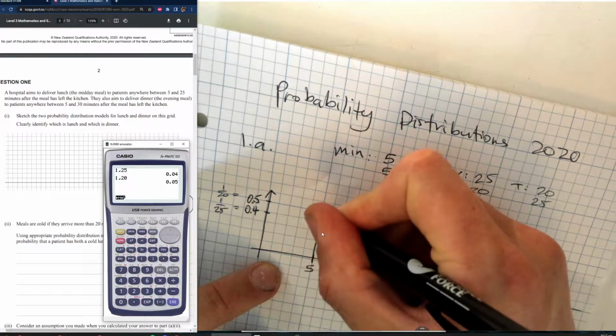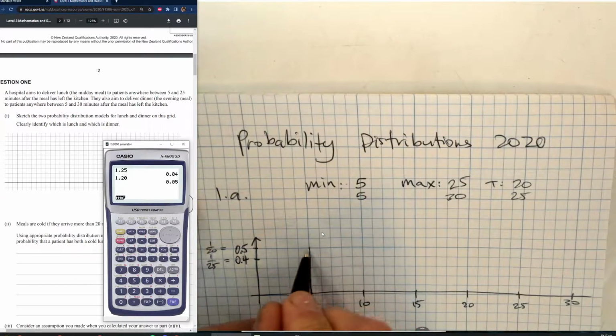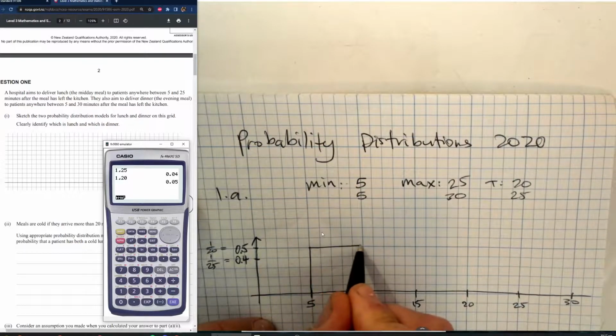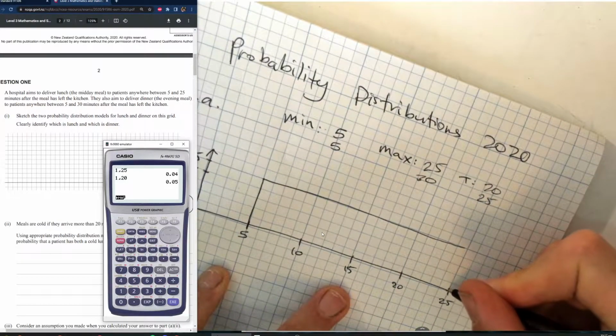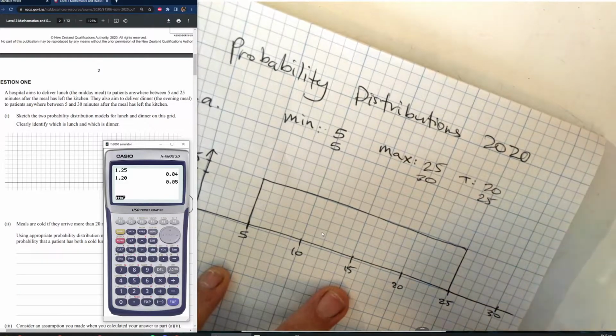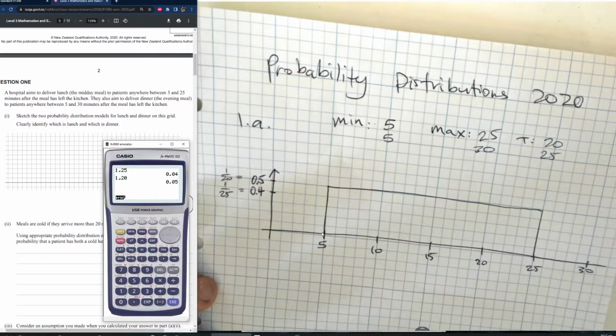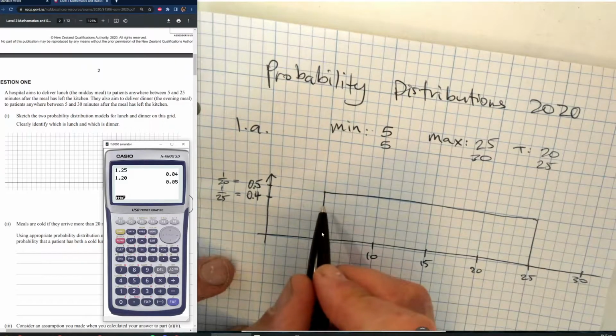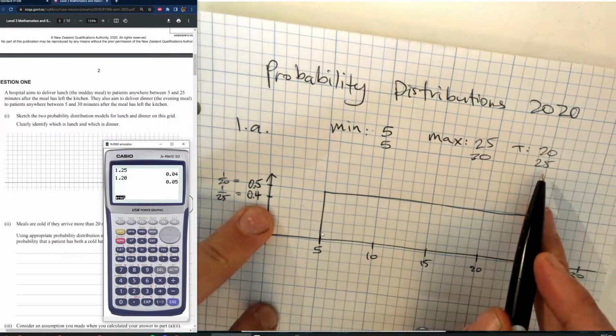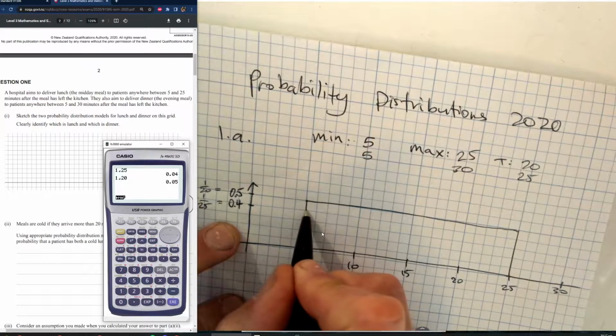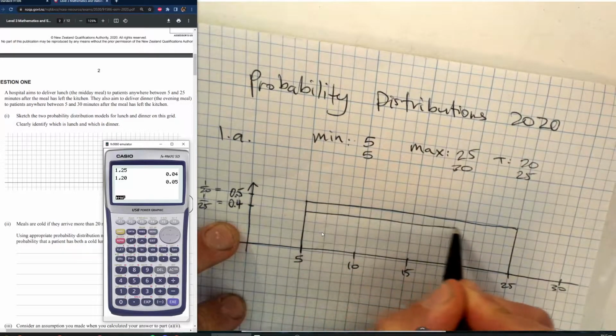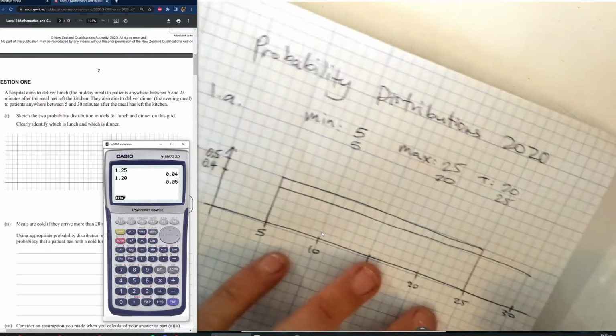So 5 goes up to 1 over 20, or 0.5, and it goes across to 25. That's the first rectangle. The next one, it starts at 5, so I'm just going to use that same line, but this time its height is 1 over 25, or 0.4, and it goes across to a maximum of 30.